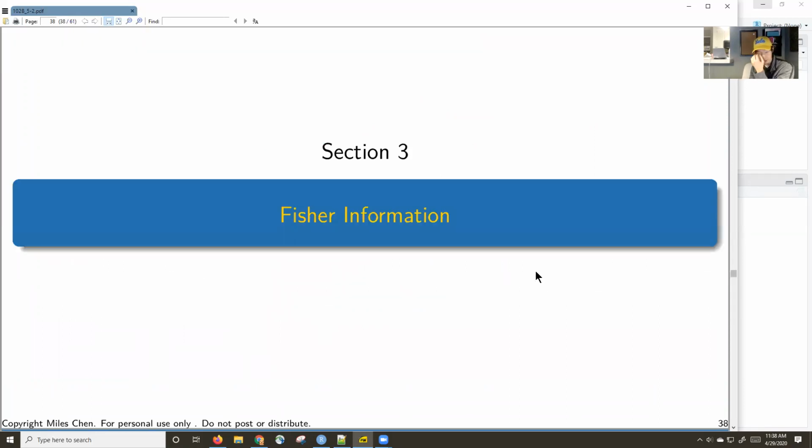Okay, so we're going to continue on here, and we're going to talk about Fisher information. Did you guys learn Fisher information in one of your classes? Which class covers Fisher information? And what do you guys remember of Fisher information?